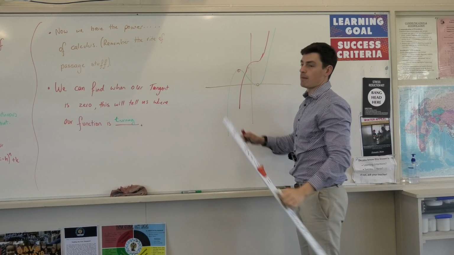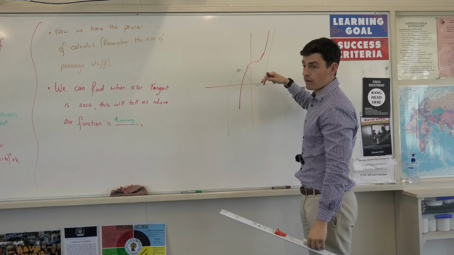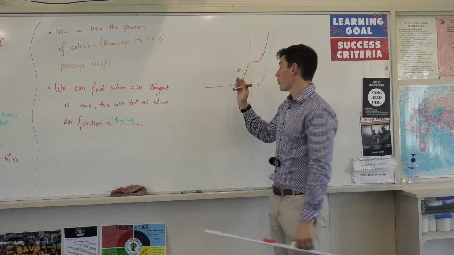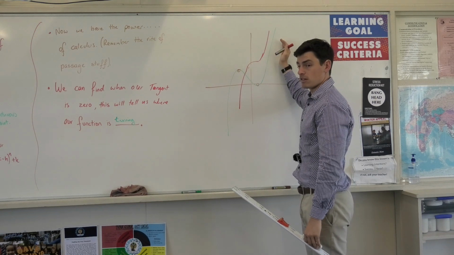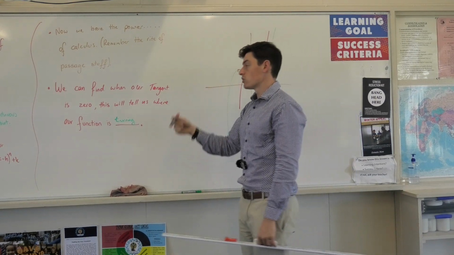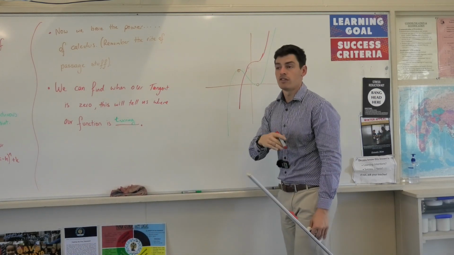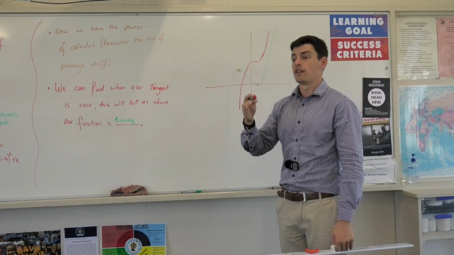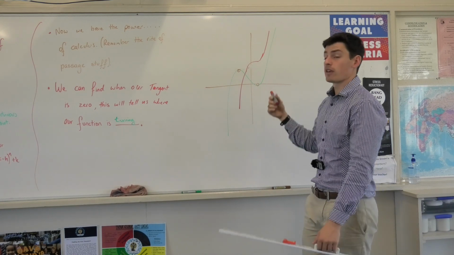So in the other examples it went positive, 0, negative, or negative, 0, positive, correct? With a point of inflection, it keeps going the way that it was. So it's positive, 0, positive again. Does that make sense? So if it's a regular turning point, what we'll see is it goes positive to negative or negative to positive. If it's a point of inflection, it'll go positive to positive or negative to negative. Sweet? But that's also a key feature in our graph.